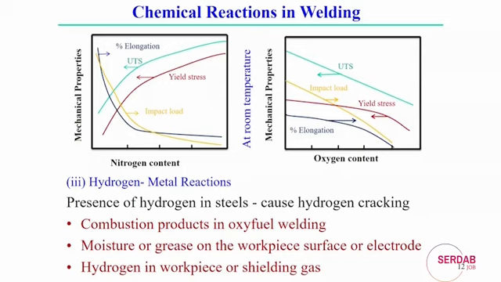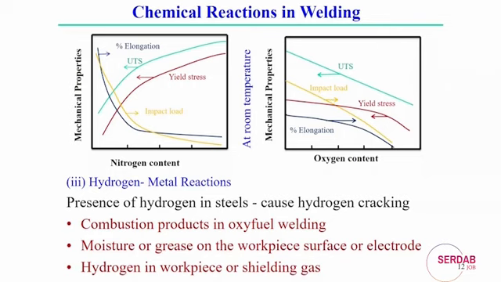The presence of hydrogen in steel increases susceptibility to hydrogen cracking, or cold cracking. Therefore, it is beneficial to avoid the presence of hydrogen in the weld joint. So, what are the sources of the hydrogen here?